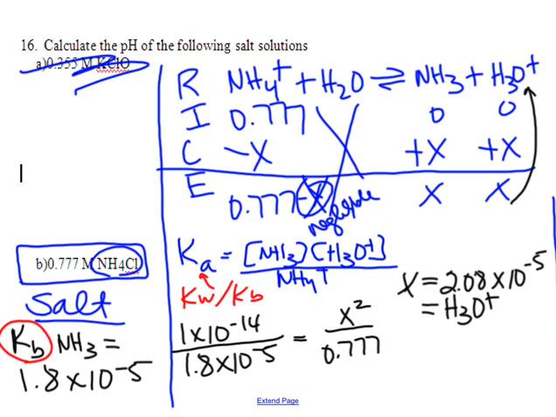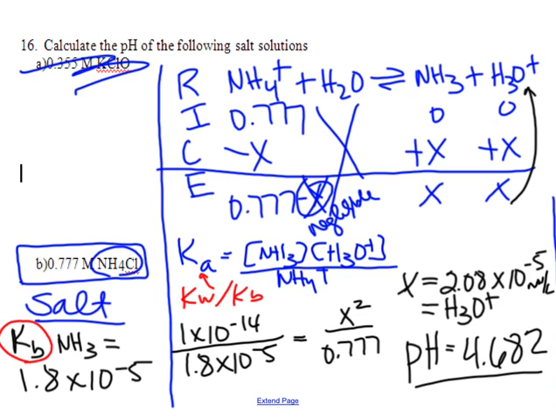So if I take the negative log of that, I straight up get pH. So give me 3 decimal places. 4.682. So this is acidic. Let's look back at the salt. Does acidic make sense? We have the parents of ammonia and HCl. Does acidic make sense? Yeah, it does.